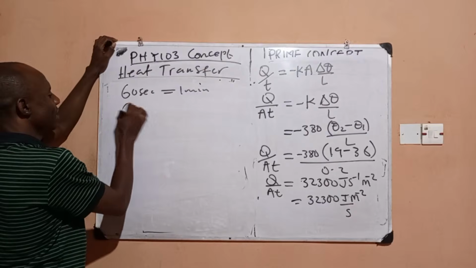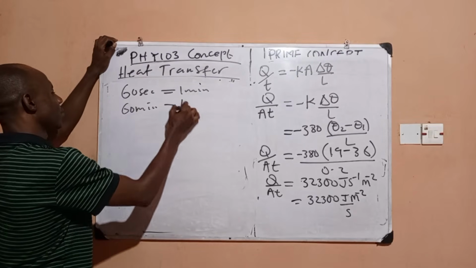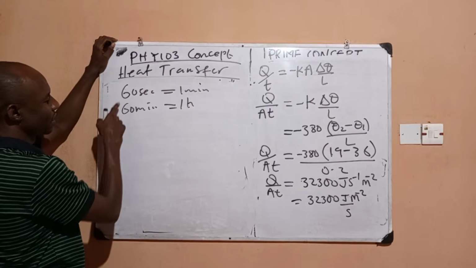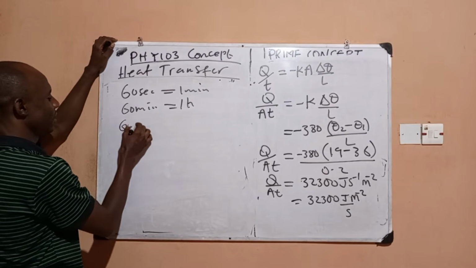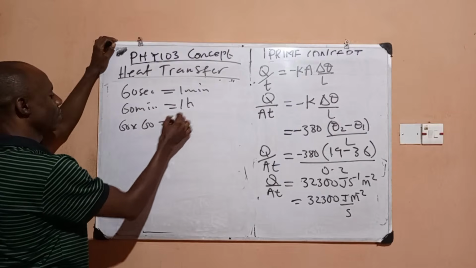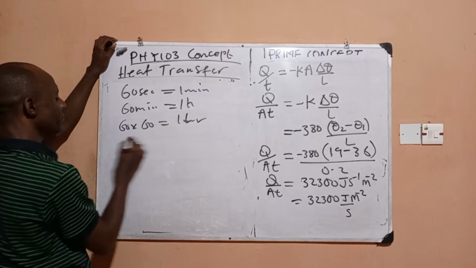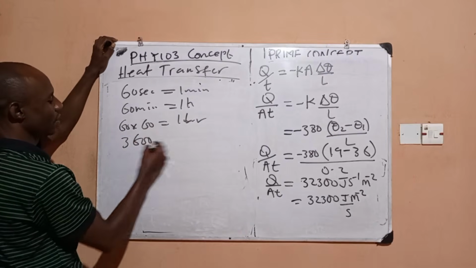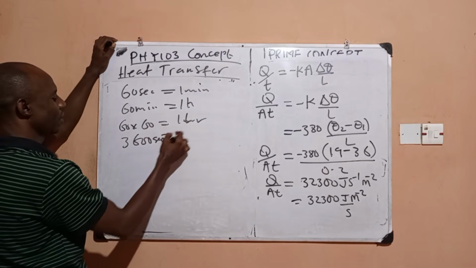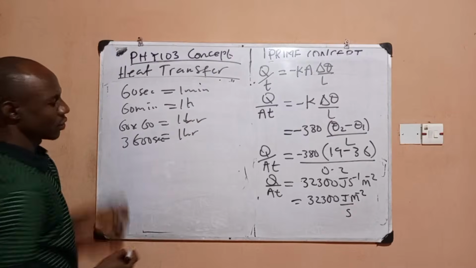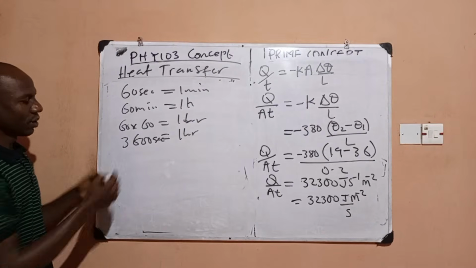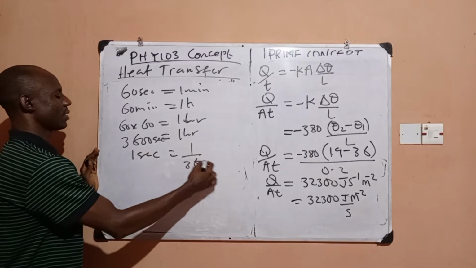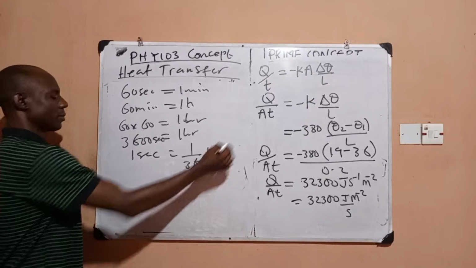And then you have that 60 minutes is equal to 1 hour. So it means that 60 times 60 will give us 3,600, right? That is 3,600 seconds is equal to 1 hour. So that is what it is. So it means that 1 second is equal to 1 over 3,600 hours.